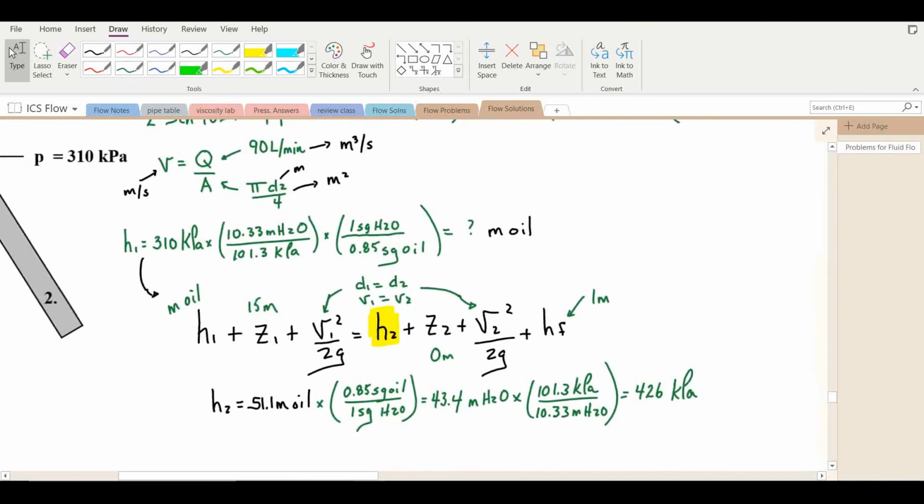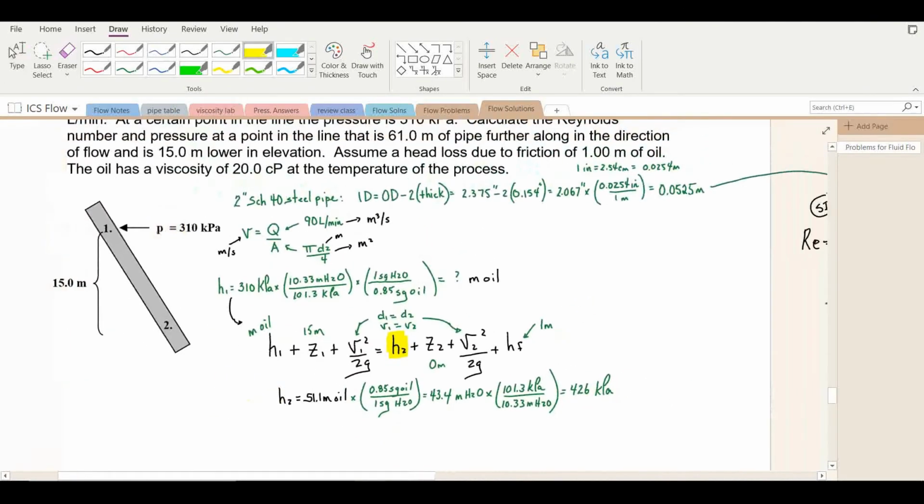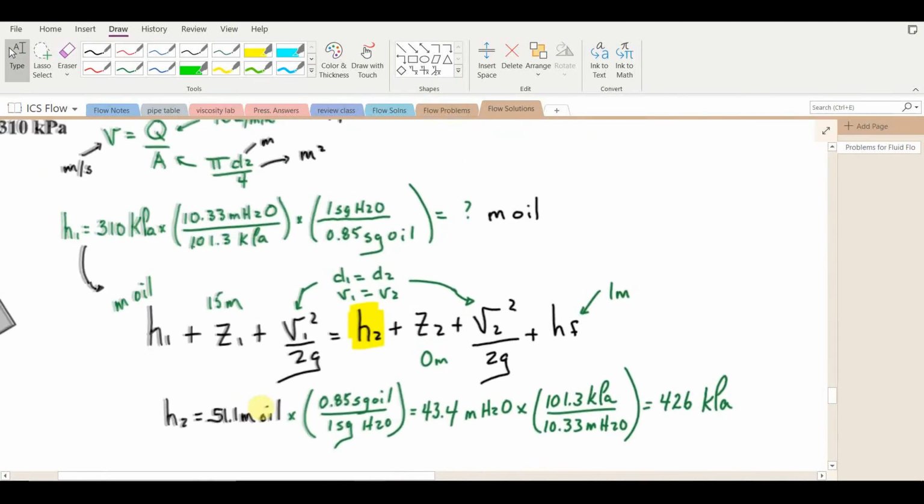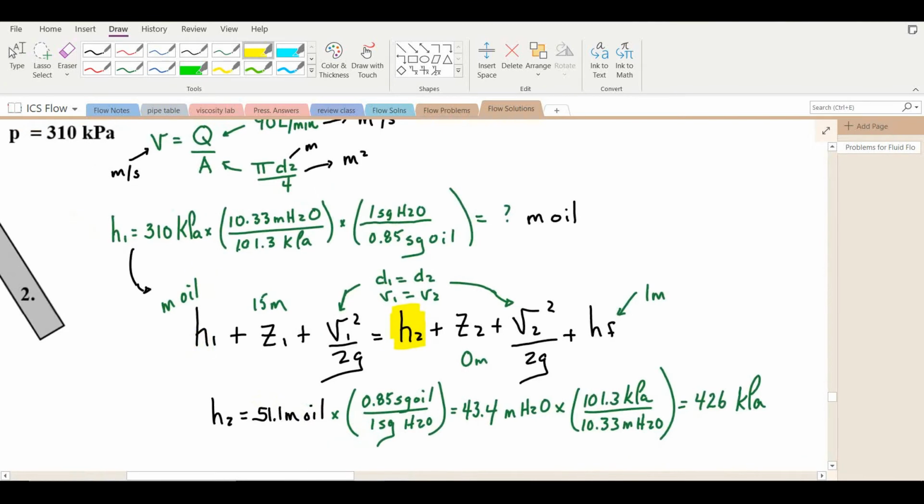We're told that the pressure at point 1 is 310 kilopascals. We're going to use that in Bernoulli's equation, but we have to convert it to height of the fluid that we're using, and that's height of oil. We want that in meters of oil. So first we'll convert that to meters of water using atmospheric pressure.